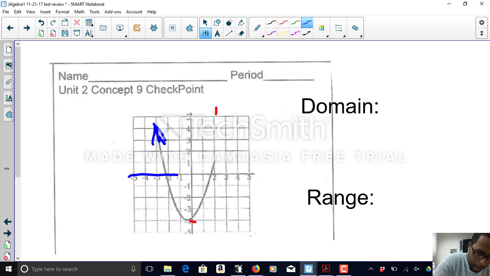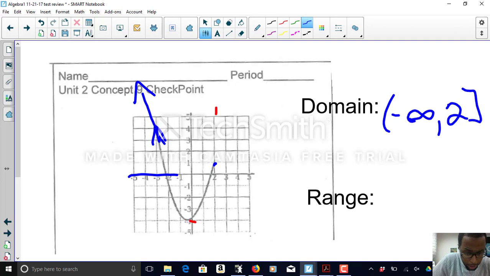So this thing is going to keep going up on the x-axis. But because it's on the x-axis and it's going that direction, my domain is actually going to be negative infinity. Okay? So it's going to keep going that direction. I notice it stops right here on the x. So it stops at 2. So that is my domain.